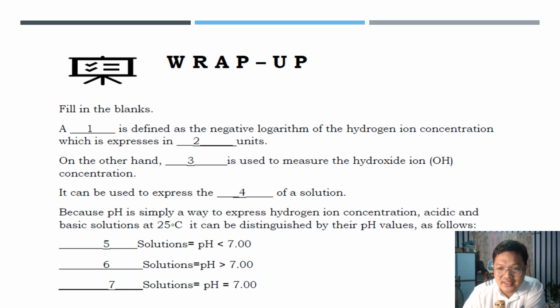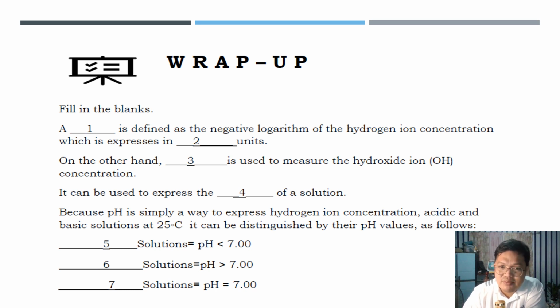A blank is defined as the negative logarithm of the hydrogen ion concentration, which is expressed in blank units. On the other hand, blank is used to measure the hydroxide ion concentration. It can be used to express the blank of a solution.